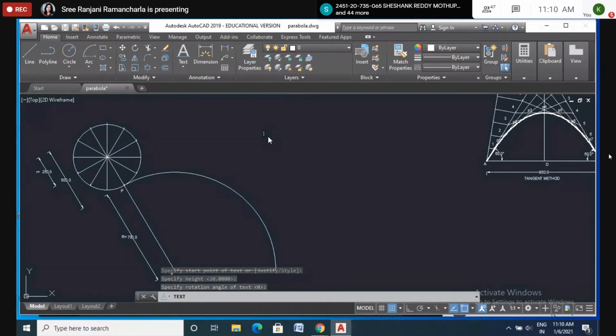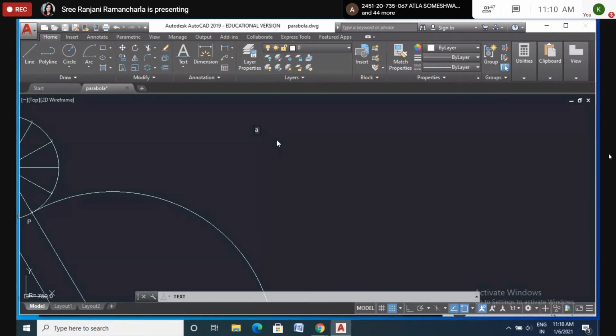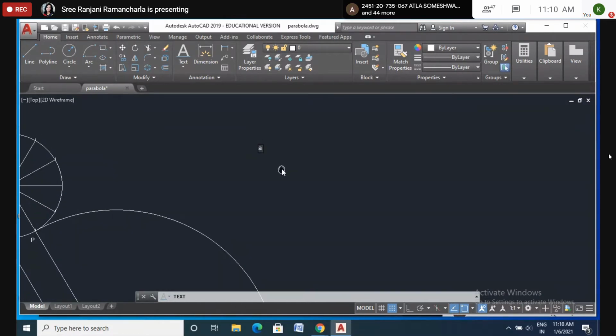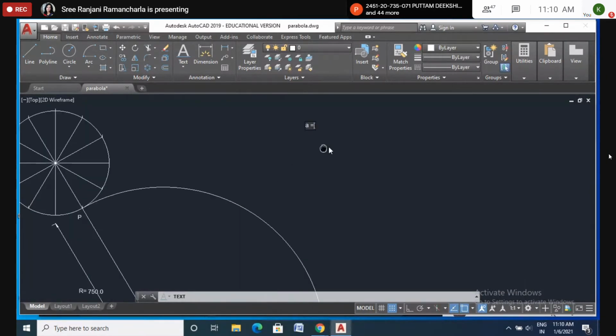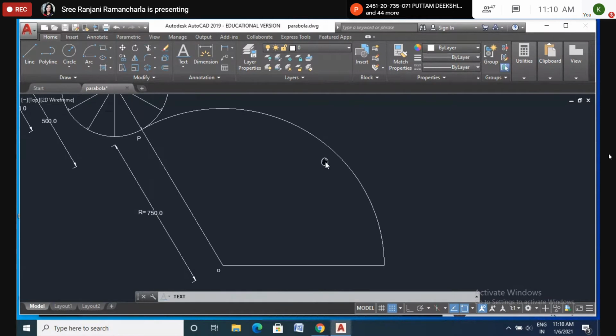Don't take this as A, I will take alpha. I don't know where the mathematical symbols are, I have to search here. So just take A as alpha now. This is not A, this is alpha.